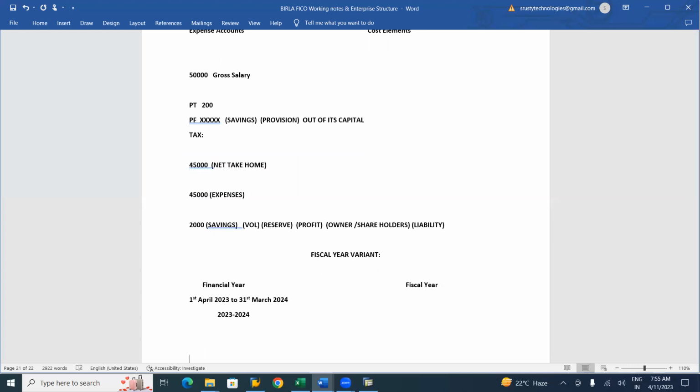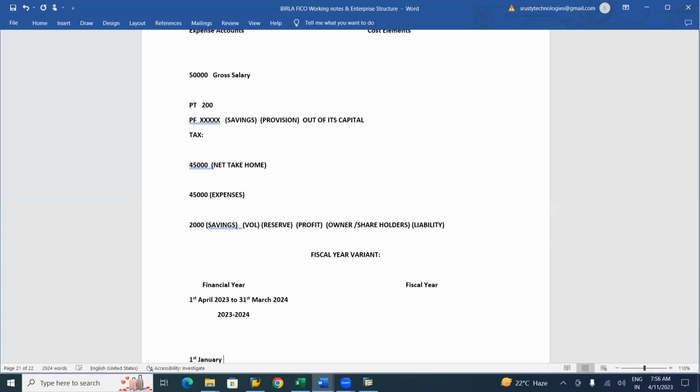And the US financial year starts normally, in the majority of states in the US. Not all US states follow January onwards, but the majority of US states follow their financial year from January 1st to December 31st.